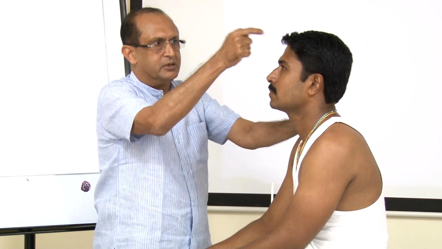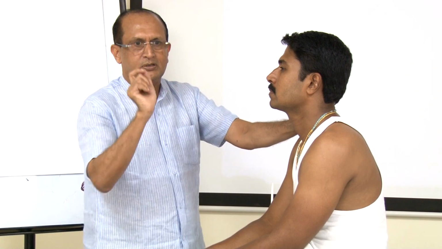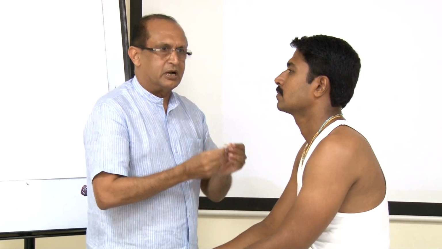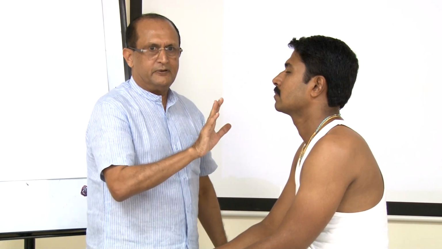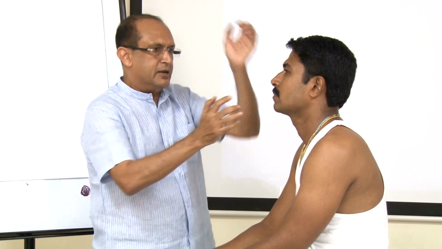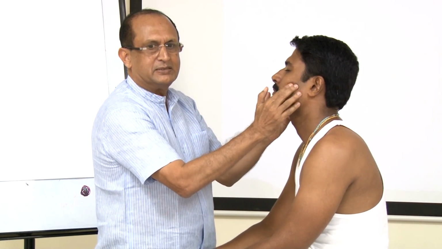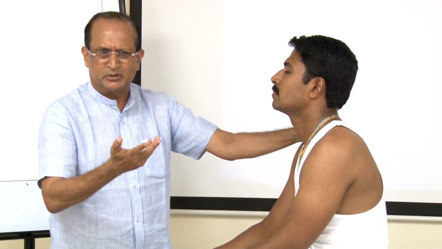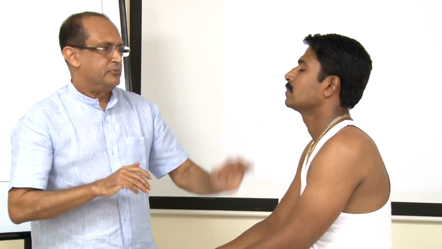Only test the ophthalmic division, the maxillary division, the mandibular division with a cotton, and then you can use some sharp object for the pain, okay, and that is enough. Corneal reflex we will not do. And then ask him to clench the teeth, yeah, for the masseter, and then medial pterygoid and lateral pterygoid and temporalis muscle, but the masseter is the most important one, okay. So that is the fifth one.